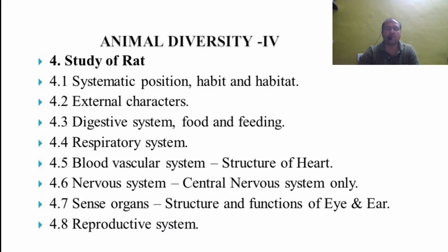So this is all about the syllabus for semester second for SY BSc Zoology students. Hope you will get a brief idea about the whole syllabus of the paper Animal Diversity 4.